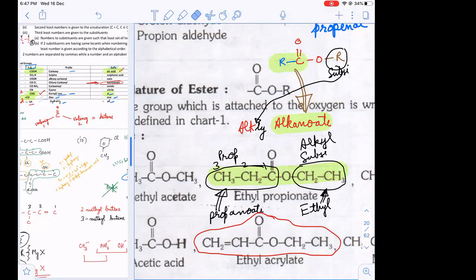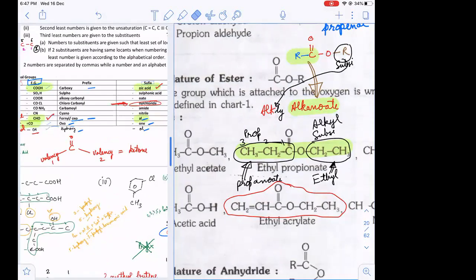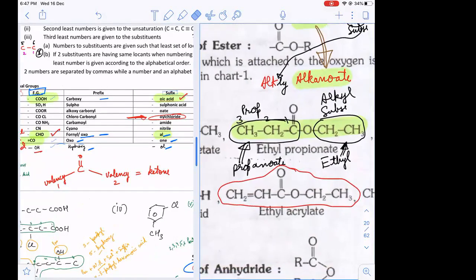Why are you telling me the prefix? Oxo is the prefix of a functional group, but it is not a functional group. Please tell me the functional group present here or the suffix of it. Let me show you the table for help. This is the table in front of you. Come on.